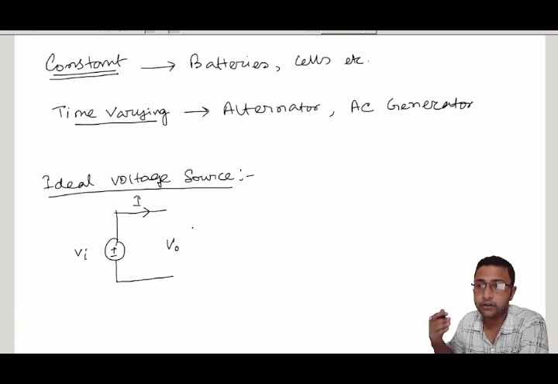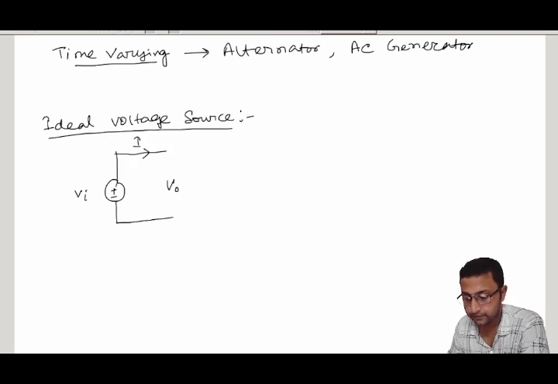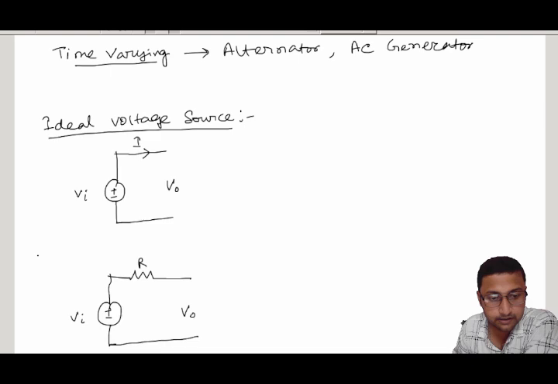If an internal resistance R is present in series with the supply voltage source, this is called the practical voltage source.